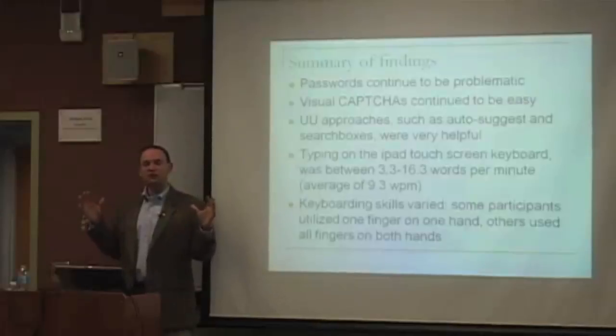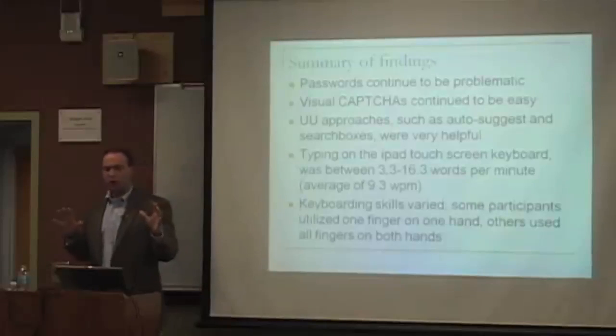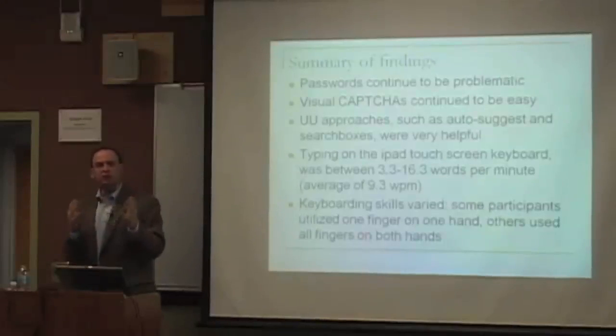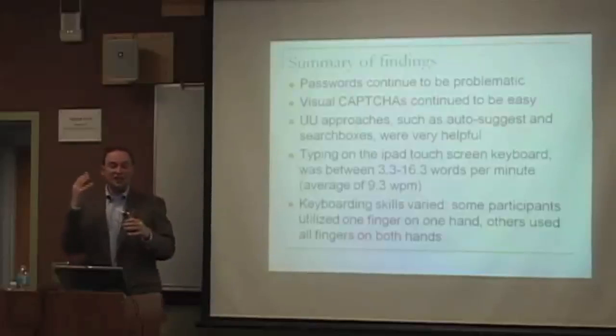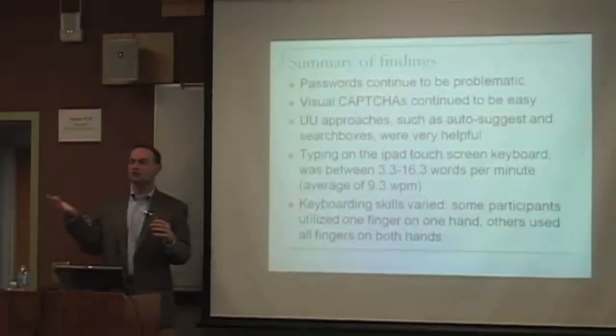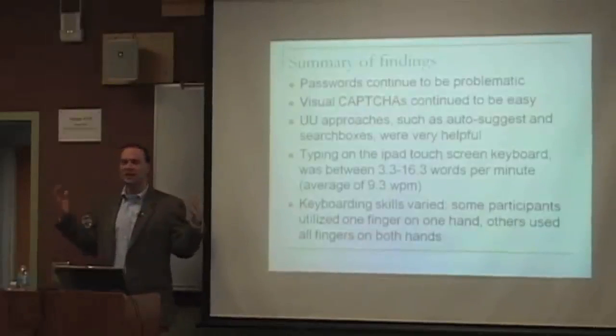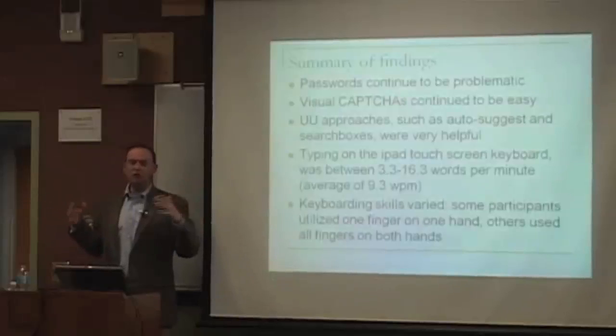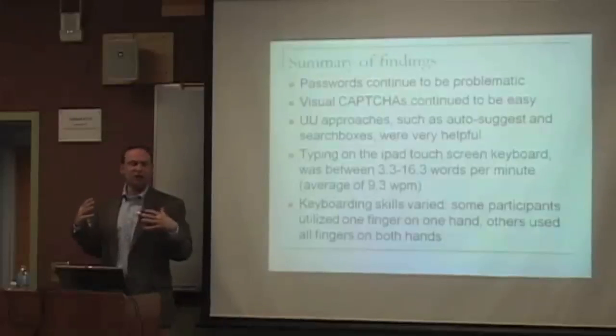Features that people with Down syndrome really found very useful were things that are typical universal usability approaches. Things like search boxes, things like auto-suggest, things that are part of our everyday interfaces. In terms of typing speed, that varied a lot, right?